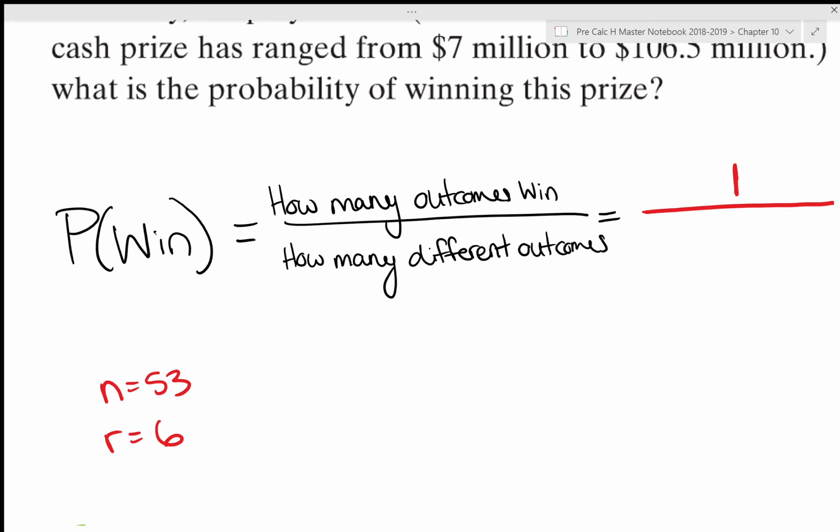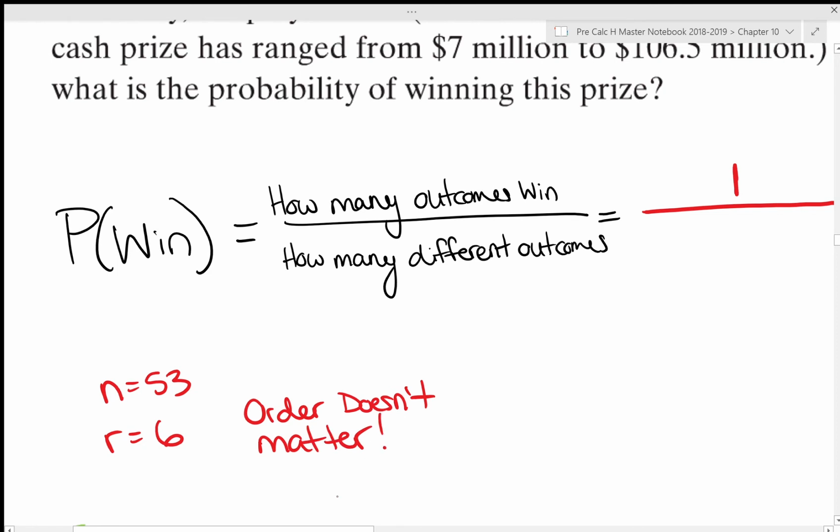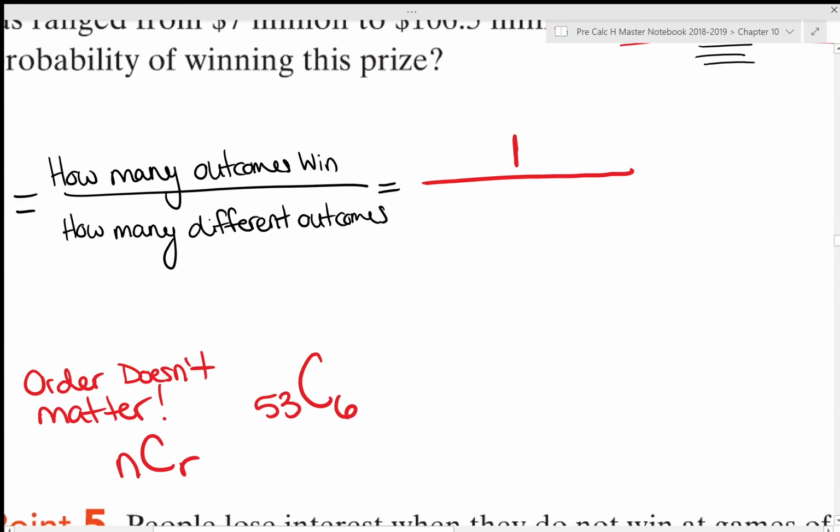They didn't say order mattered, so order doesn't matter. Meaning that it is combination. We're going to do nCr. So 53 C 6 will tell me how many total outcomes we have for the lotto. How many different types of lotto tickets you could have.